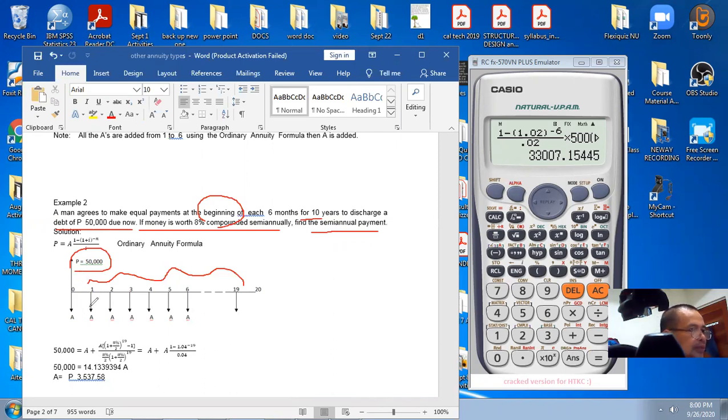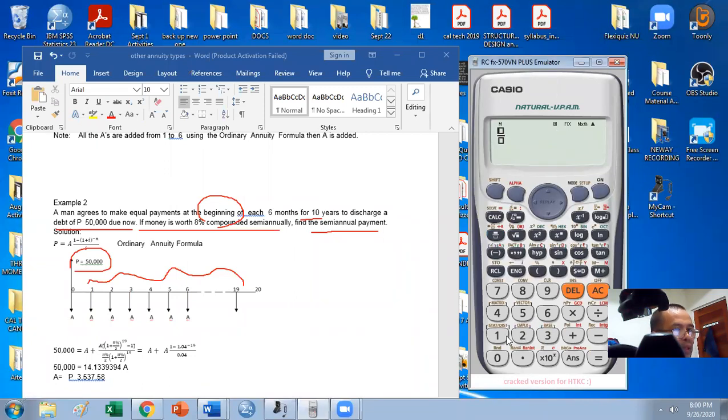Okay? So ibig sabihin, we have to compute 1 minus 1.04, that is 8% semi-annually, 0.04, raised to the negative 19 over 0.04. Ito yung value na yan. So, factor it to, let's say, B na lang.